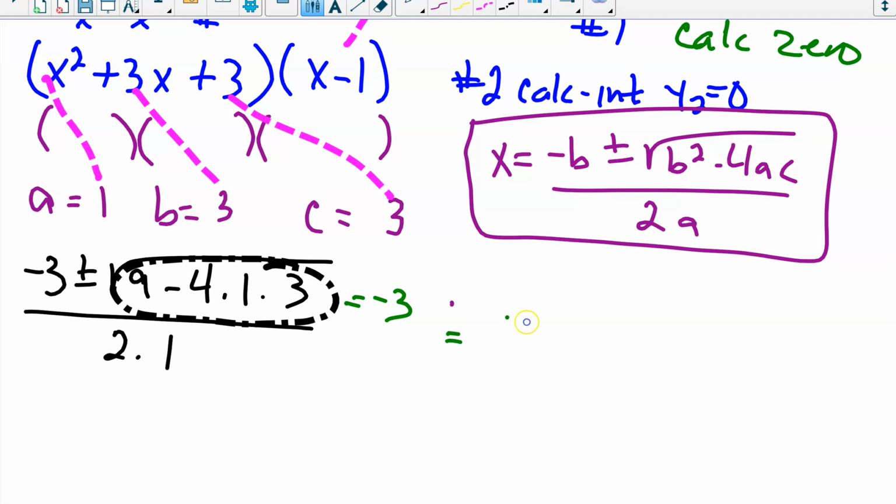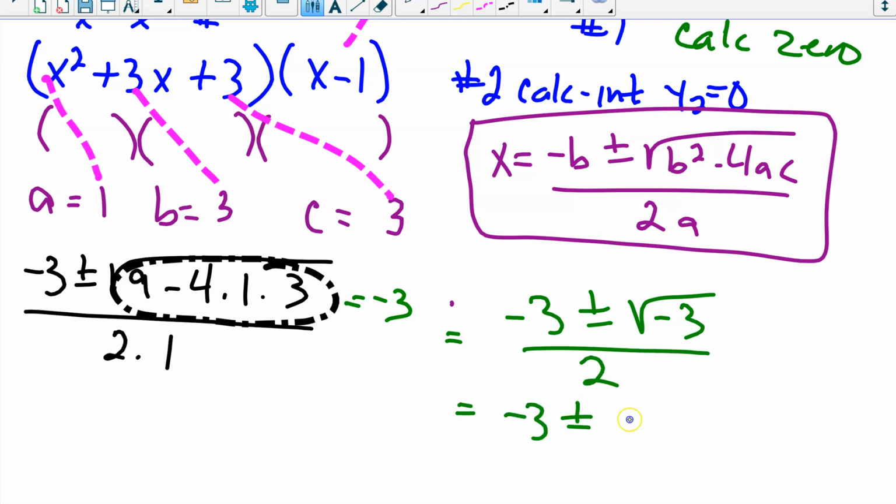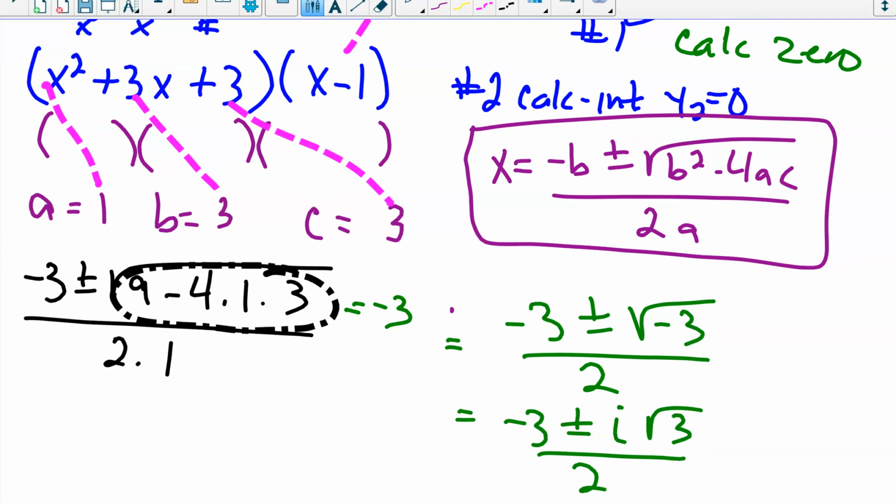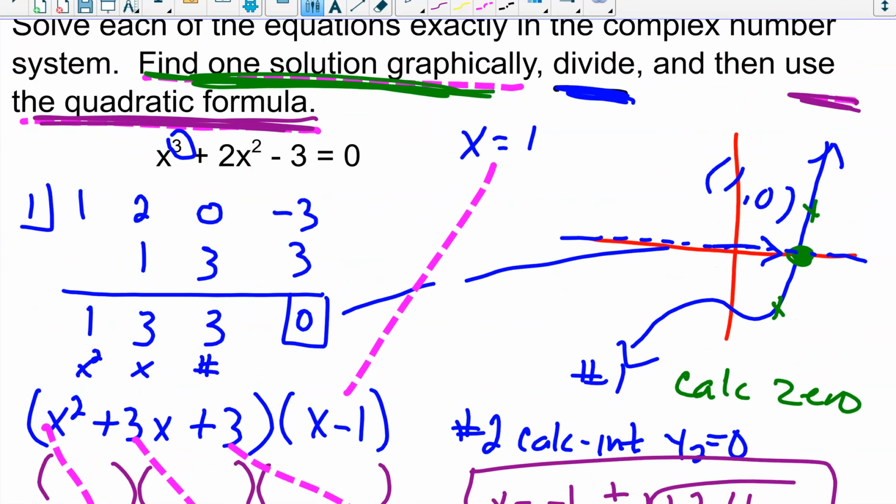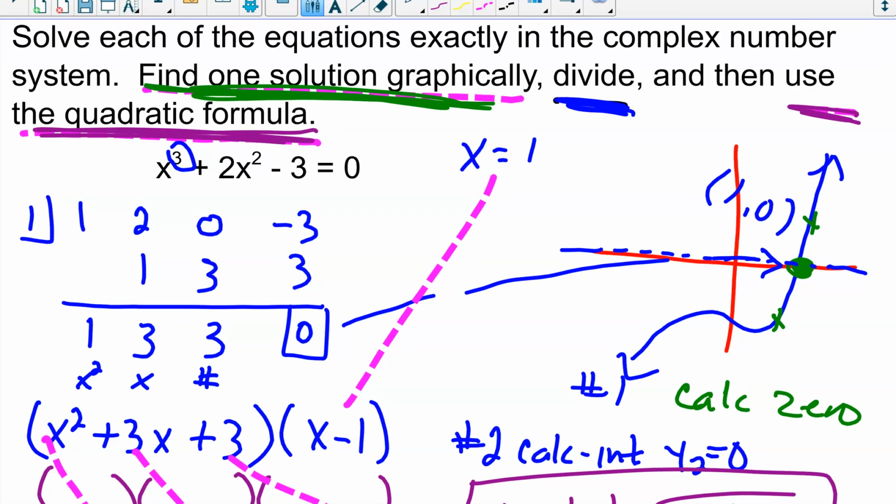So we end up with negative 3 plus or minus the square root of negative 3 over 2, which ends up to be negative 3 plus or minus i, the square root of 3 over 2. So here are my other two roots. And I want to go back to my graph here. Just a little number sense here. Noticing that there are 3 roots here, but there's only one intersection on the x-axis.